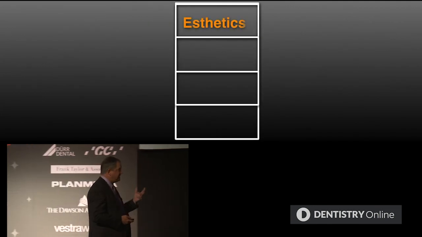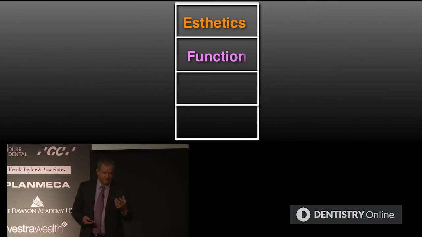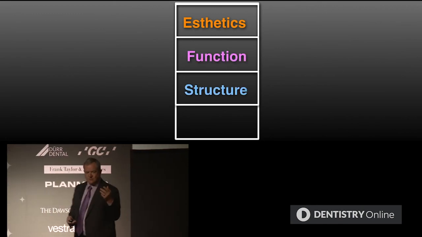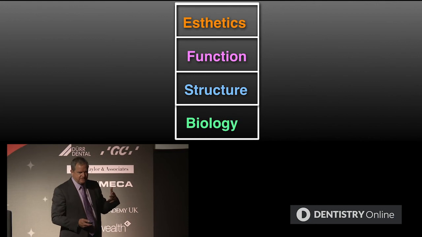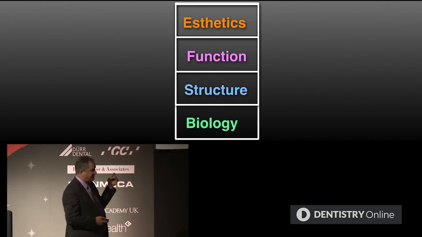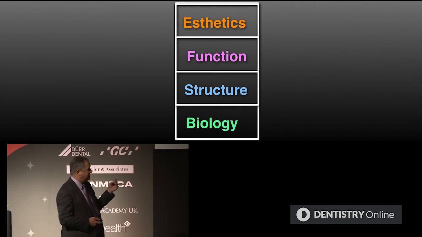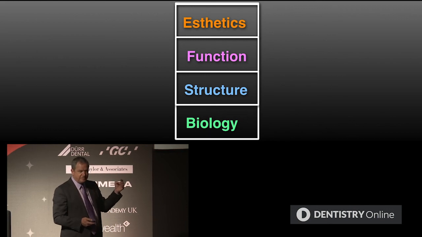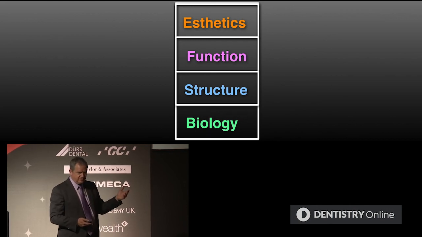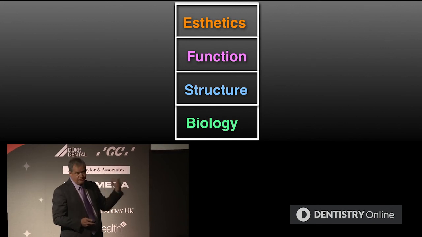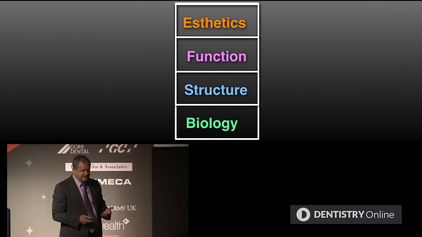Effectively, the way I teach treatment planning is very simple. I think of treatment planning as 4 separate components: an aesthetic component, a functional occlusal component, a structural component, and a biologic component. Dental school teaches us mostly biology and structure, which is what we need as practicing dentists.